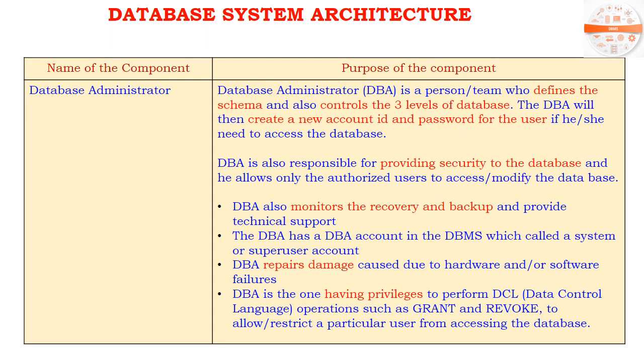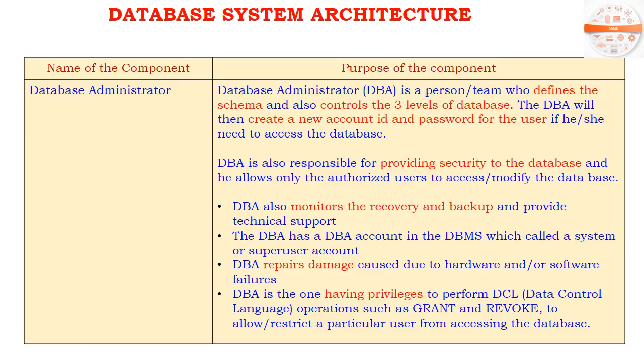The next one is the database administrator. Simply, we will call this the DBA. The DBA is the person who defines the schema and also controls the three levels of the database.